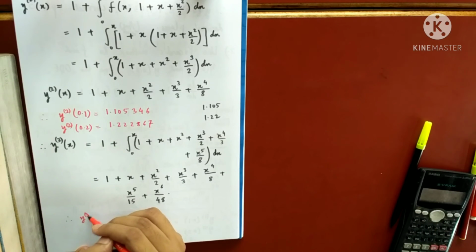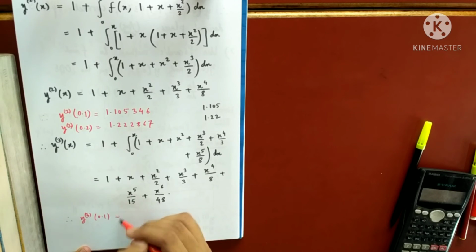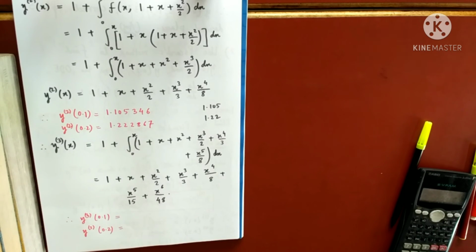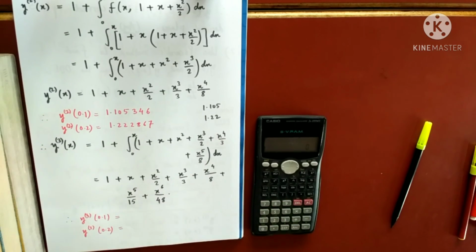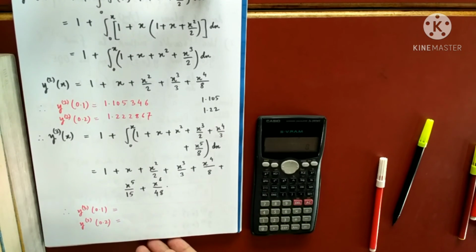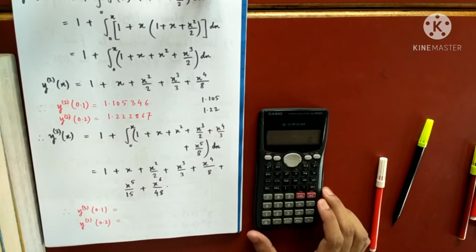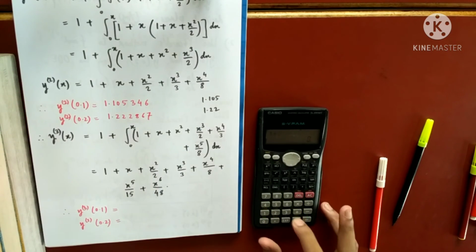So let's see what are the values at 0.1 and 0.2. This is the third approximation at 0.1. So it's a pretty big expression. We have to put 0.1 everywhere. So a calculation job which we have to do.